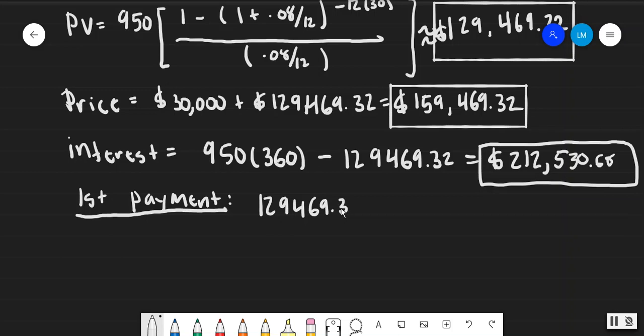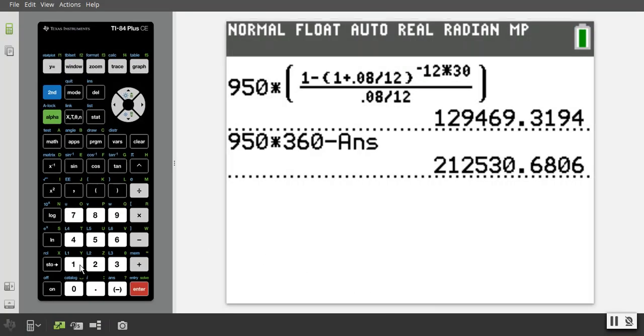129,469 and 32 cents. Now you can find the interest that was due at the end of the month. So 0.08 divided by 12. So it's kind of like simple interest actually when you do it like this. So let's take and we're gonna have to just round.